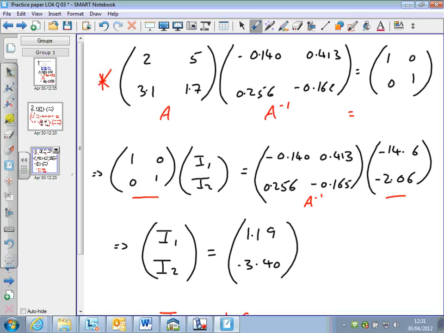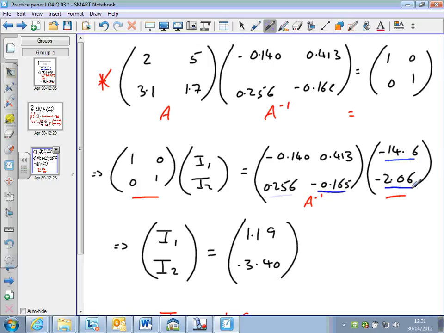So if we multiply out these matrices on the right-hand side, remembering how to multiply matrices, it's this element times this, plus this times this, which gives us the top element here, and then for the bottom element, negative 0.256 times the top, plus that one times that one gives us the bottom.